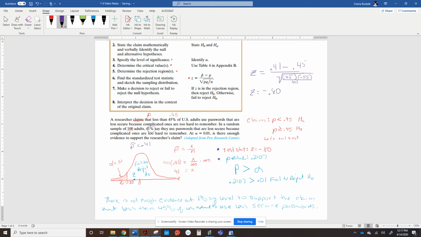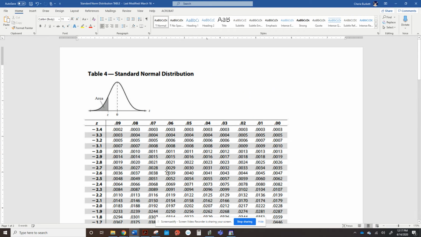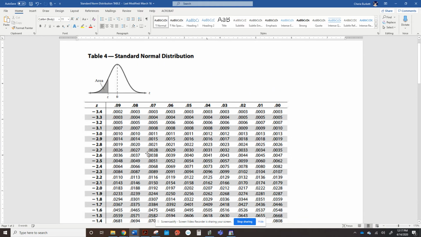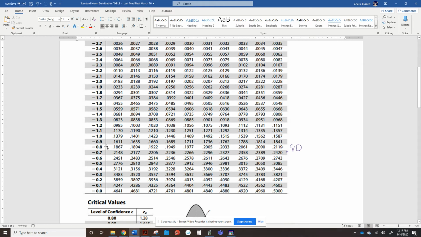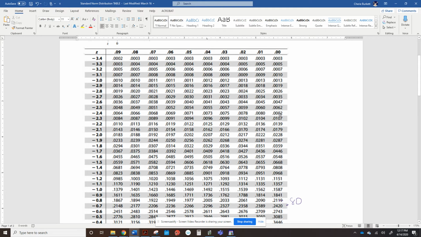And then you use the Z table. If Z is negative 0.8, there's the negative 0.8. And then the 0 is way over here. So there is negative 0.8 and 0.